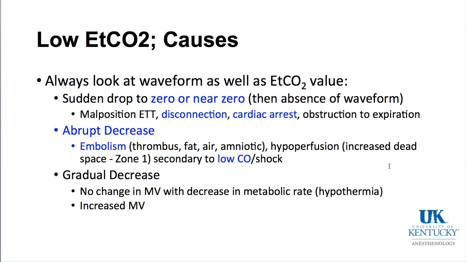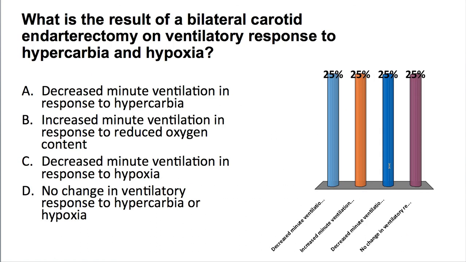So a low blood pressure and a low cardiac output can result in increased zone 1 and a drop in end-tidal CO2. A gradual decrease can occur if a patient's just not making very much CO2, for example, hypothermia, or you just iatrogenically cause too much minute ventilation. You've turned up the tidal volume and or the respiratory rate, and it's more than what the patient needs.